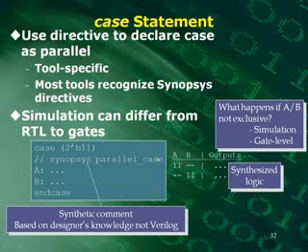In some synthesis tools, you can declare case statements to be parallel case statements so that they're mutually exclusive. But it's tool specific, and a lot of the tools will recognize the Synopsys directives. Synopsys has directives that you can embed in comment lines.